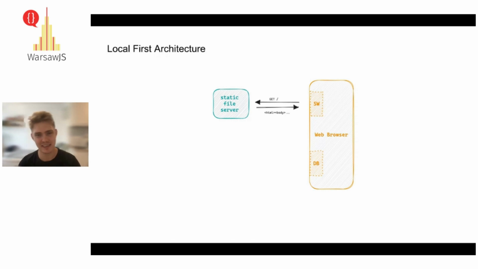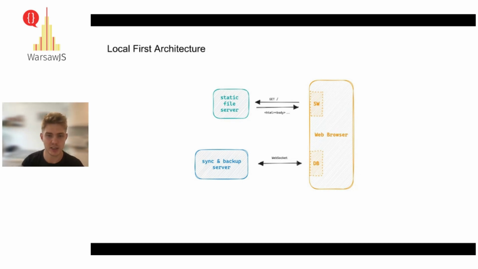Typically, it would be an IndexedDB, which offers a bit more capabilities than local storage. And then this database would talk with the sync and backup server that would ensure that all the clients are in sync, and that the changes are persisted to some external database.